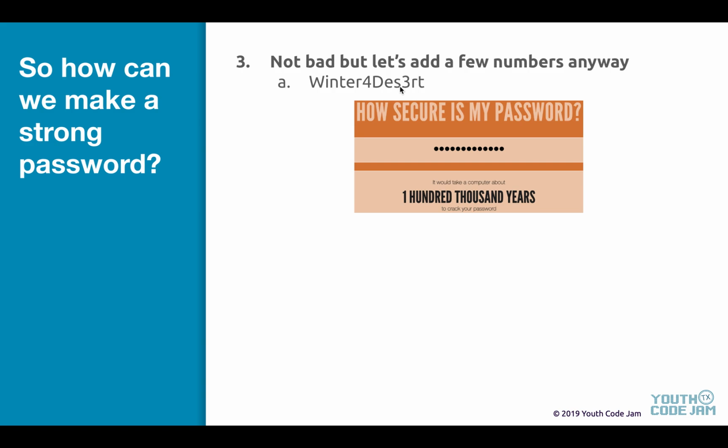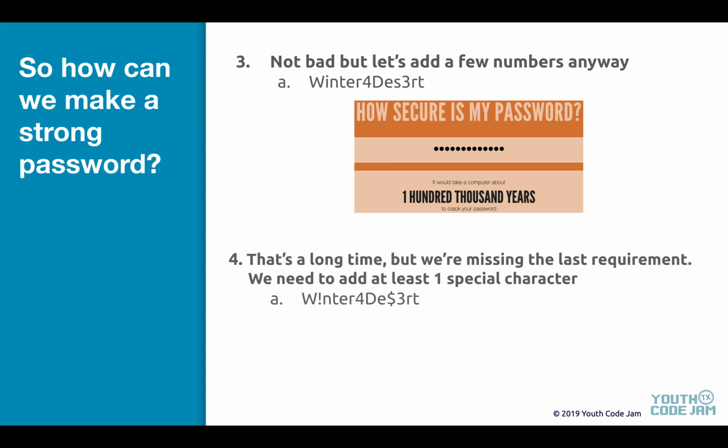So that's not exactly unique or original, but it works. And you can see now this says it's going to take 100,000 years to crack my password. The person trying to get into my account, at 300 years is long gone, but they are really long gone at this point. We're not making it that far.